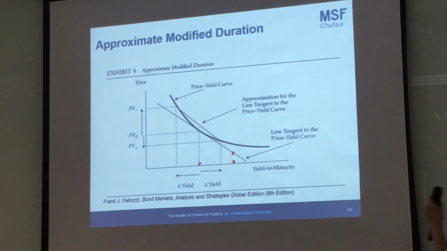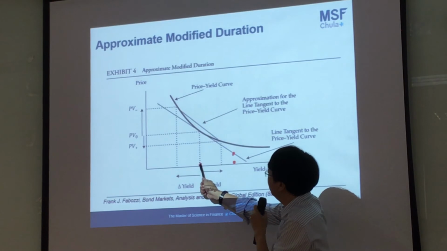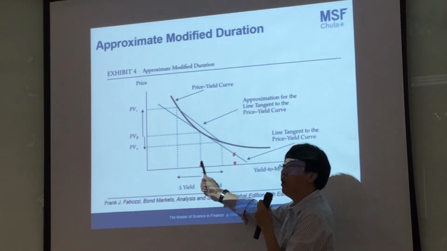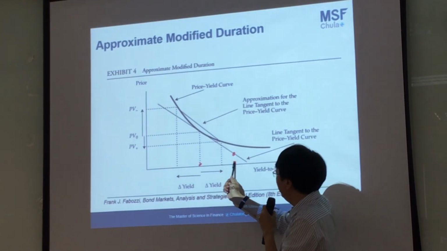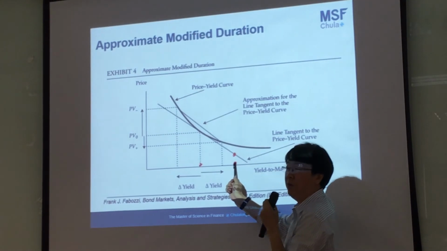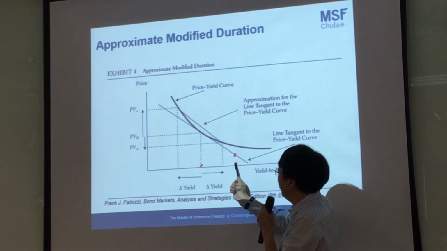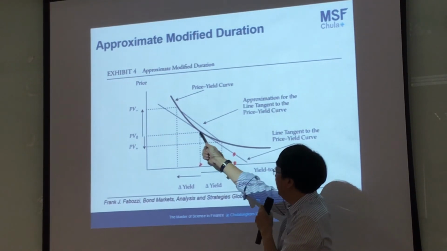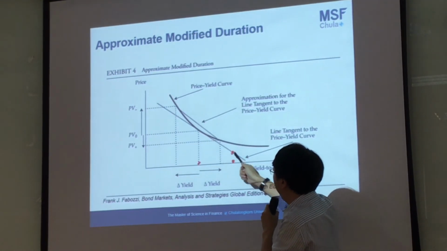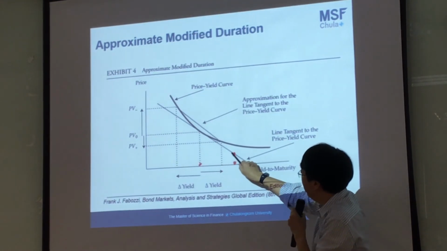You can see that if the current yield is here, and we want to know if the yield increases to this point, how the bond price changes. Based on the duration, it will predict that the change of the bond price will be based on this line. So the bond price will be here.